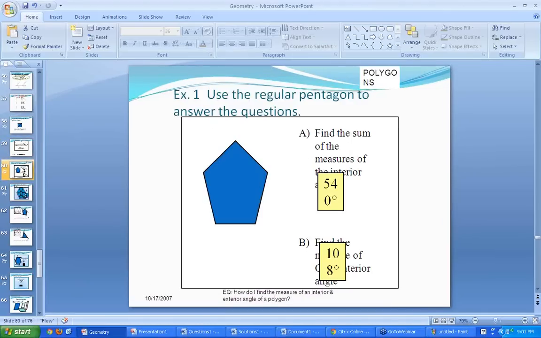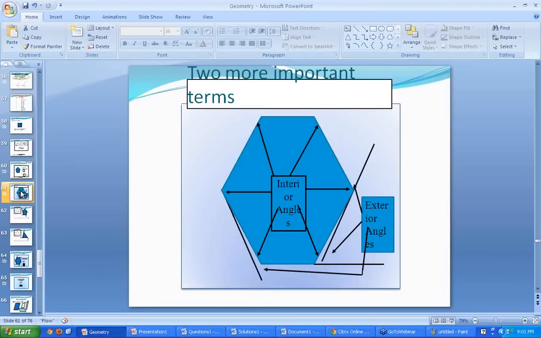Anyways, moving ahead. So now you know that the sum of the interior angles of a polygon can be calculated by (n minus 2) into 180. Exterior angle I have already told you, which by extending any one side you get an exterior angle.